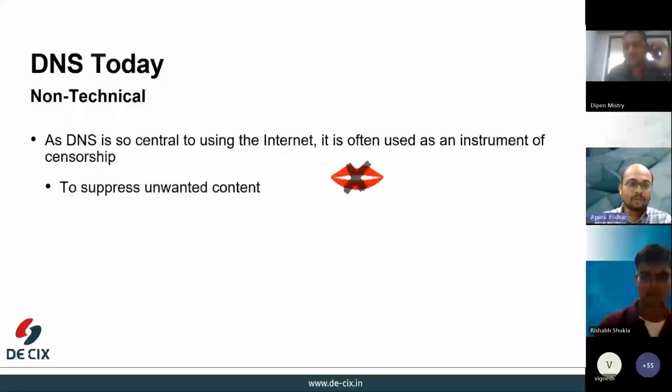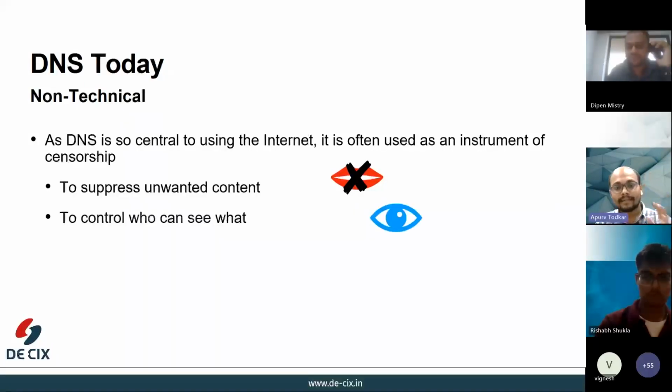When you consider DNS from a non-technical standpoint, DNS acts as a central function of the internet, and it's often used as an instrument of censorship to suppress some unwanted content.